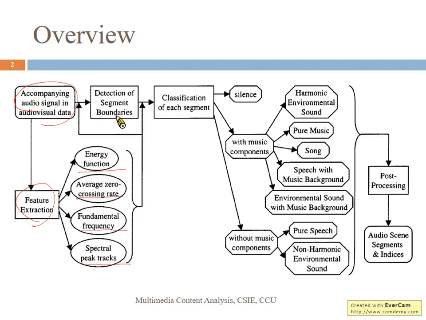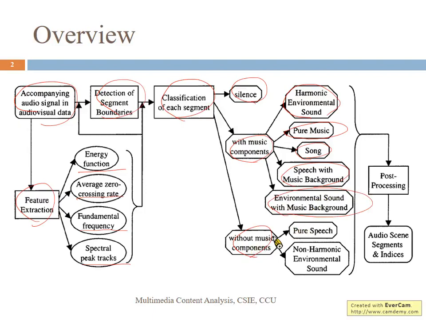And then they will detect the segment boundary and classify each audio segment into several types, including segments with music component or without music component. For those segments with music component, they further classify them into harmonic environmental sound, pure music, song, speech with music background, and environmental sound with music background.